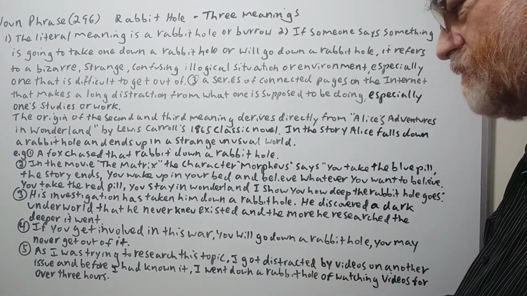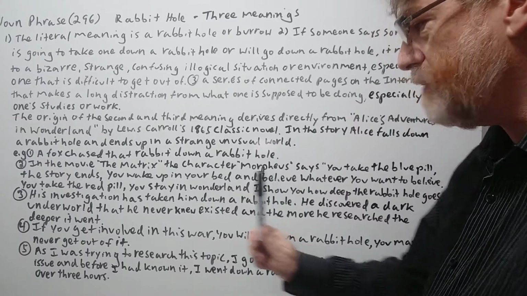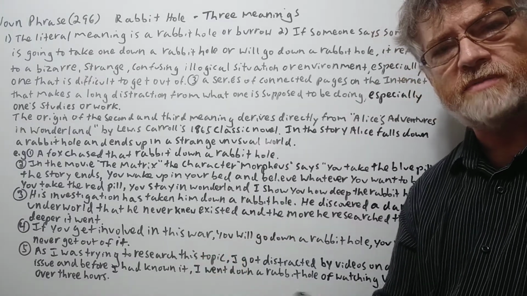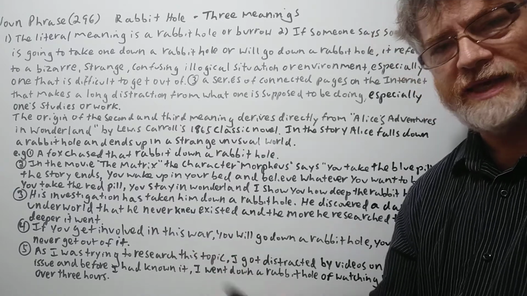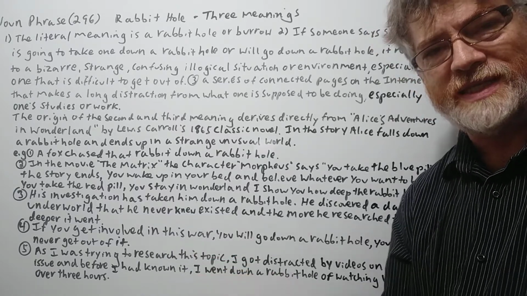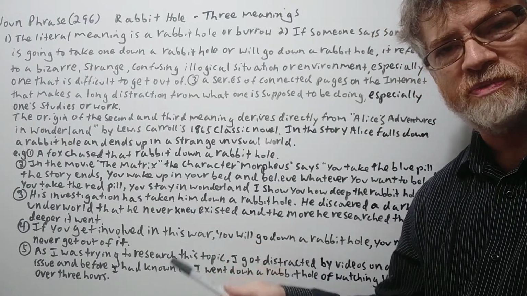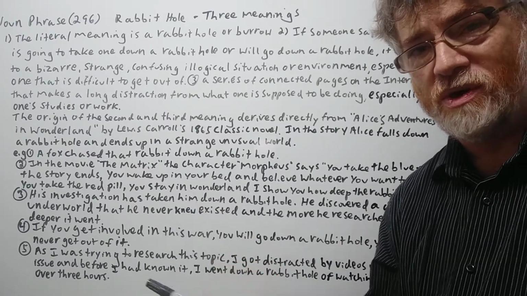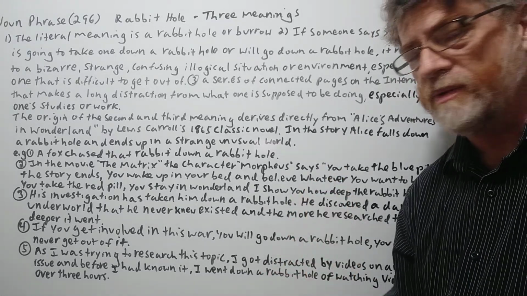This is the way they mean it. All right, let's read the next one. If you get involved in this war, you'll go down a rabbit hole you may never get out of. Yeah, so sometimes people get involved, or countries get involved in wars, and they're stuck there for many, many years, and it's not what they imagined it to be, and it ends up being a lot stranger situation than they thought it was going to be. And here's our last one. The last one is the internet one.